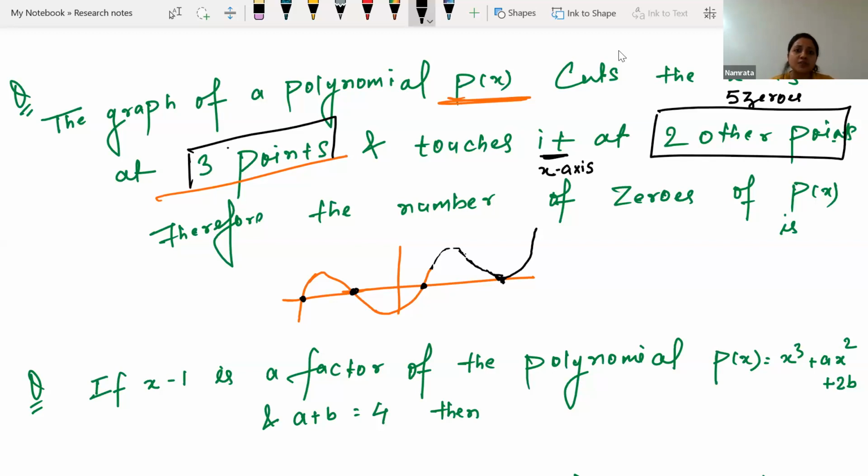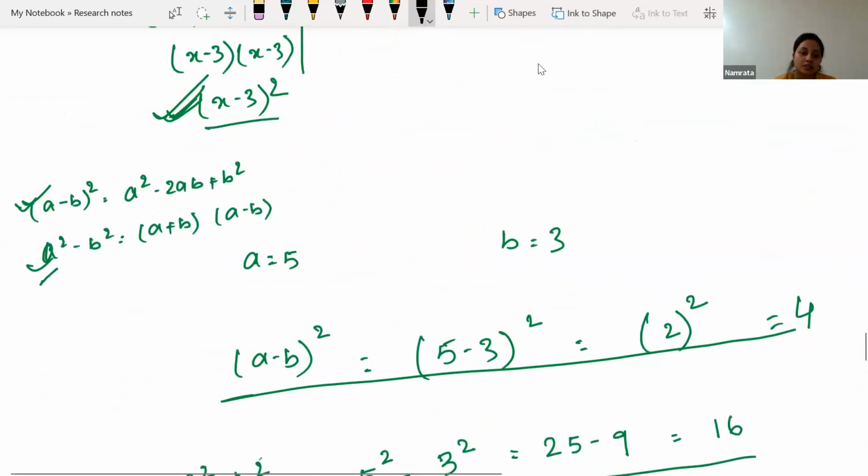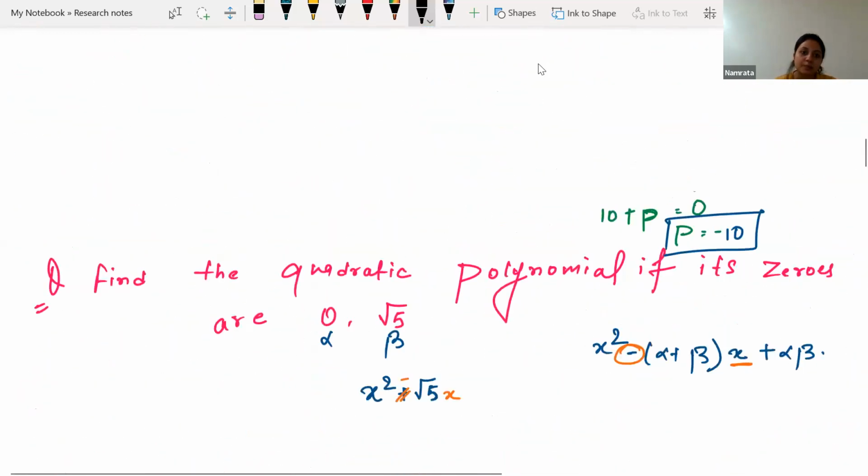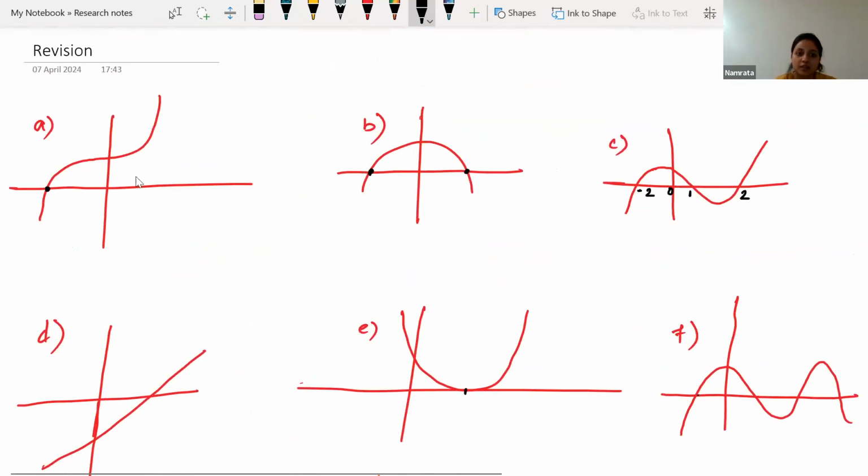That is the meaning of the zeros, right? Yes. When you learned the chapter on polynomials, you must have learned this concept. How many zeros are there in the first graph? 1 zero. How many zeros in the second graph? 2 zeros. Right? Yes, ma'am. How many zeros in the third graph? 3.